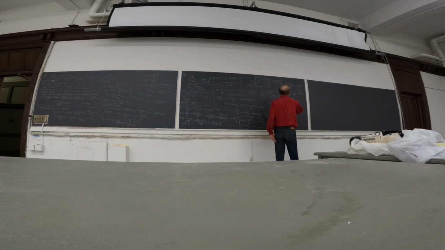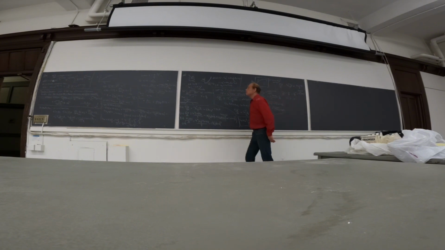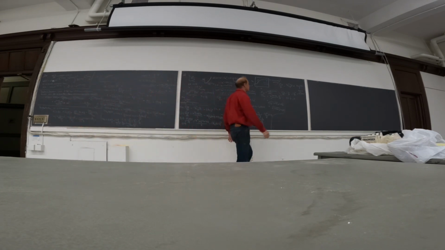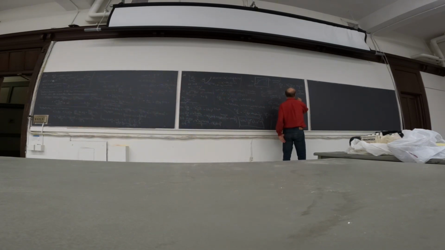So now A is just 1 over tau, and B from this equation, B of t, is now a function of t, equal to this.